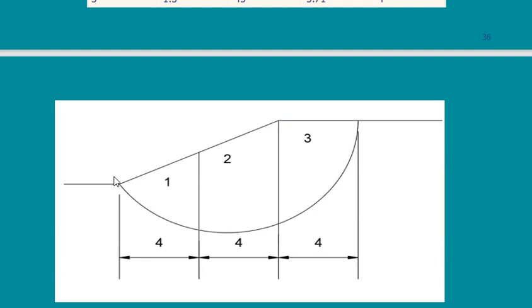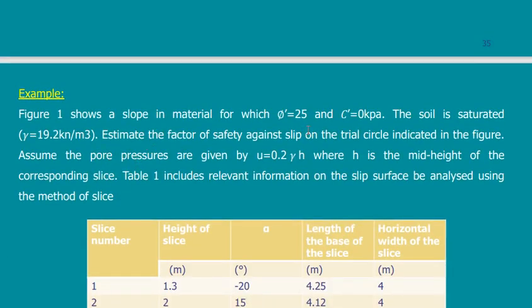Of course, maybe somebody else would solve this problem proposing that the failure surface is like this, and really it is more logical for me that the failure surface is like this, not like this. But I cannot judge by just vision. I have to calculate. That's why they said it's a trial circle. It's a trial circle because I'm not sure that this circle will give me the least factor of safety.